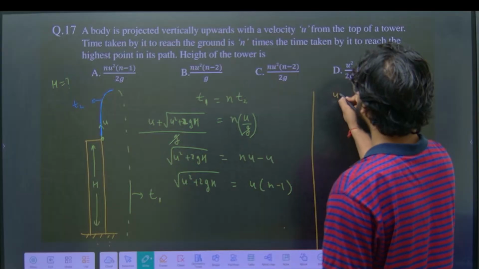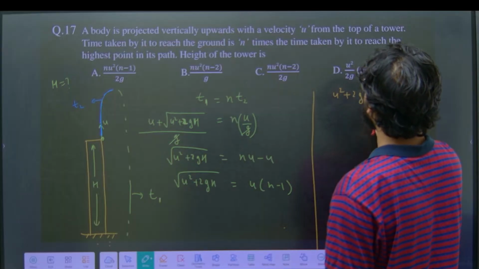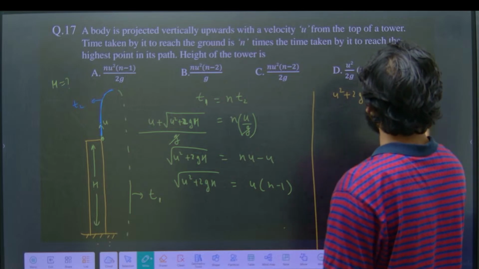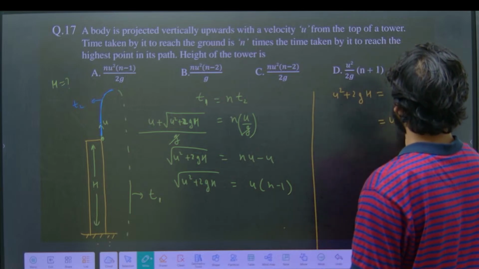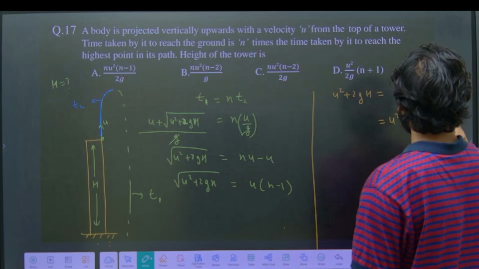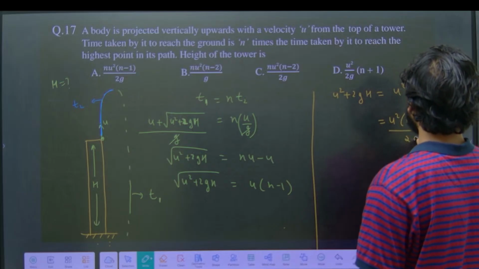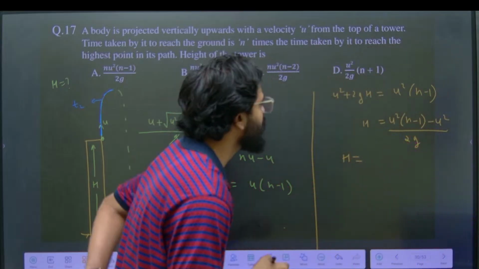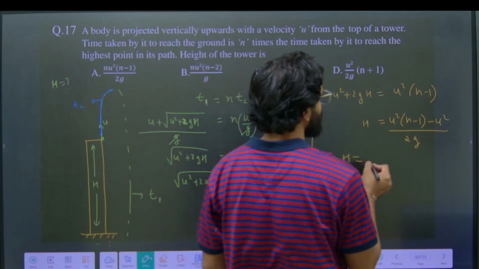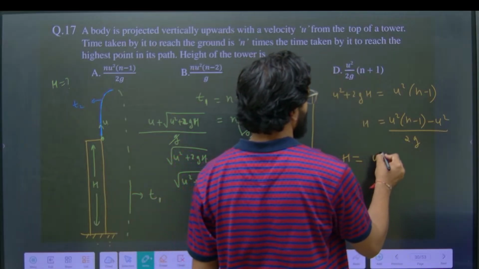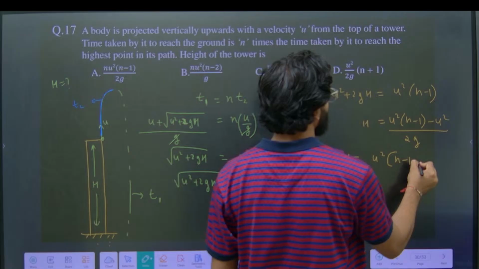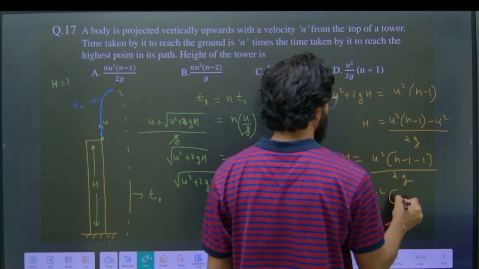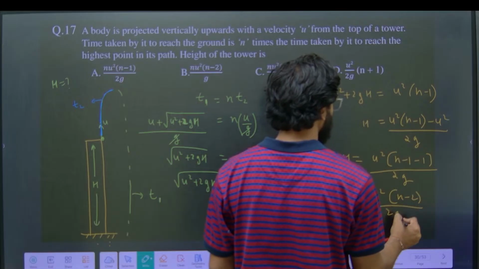So u square plus 2gh equals u square n minus 1. So h is u square n minus 1 minus u square upon 2g, which gives u square n minus 2 upon 2g.